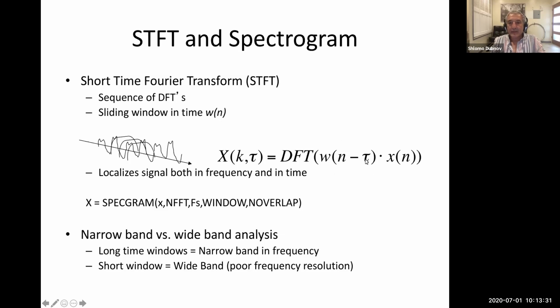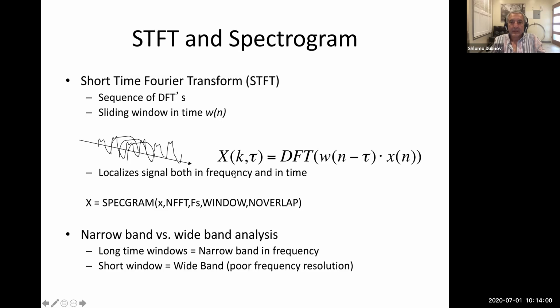So this is a shifting of a basic kind of a window waveform. And the easiest way to think about this is really just a square window, zeros and one, up to some extent n, and then zero. So every time you shift that window by tau, you extract that segment from your original signal. So what we end up having is really just a small segment of x of n. We run DFT on that, and that will give us now two results.